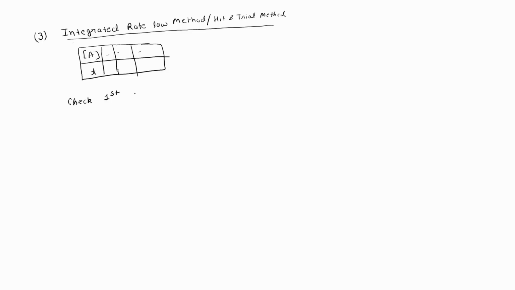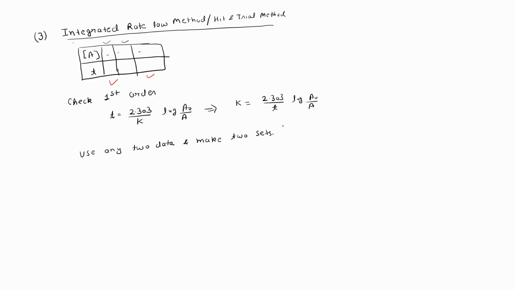For first order, T is equal to 2.303 by K log A naught by A. So convert it into rate constant: K is equal to 2.303 divided by T log A naught by A. Then use any two data points, let's consider this and this, to find two values of K. So use any two data points and make two sets.